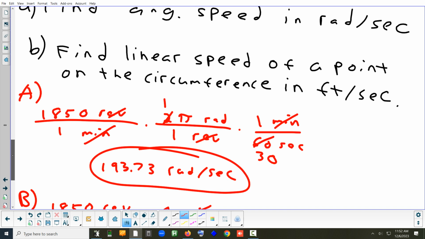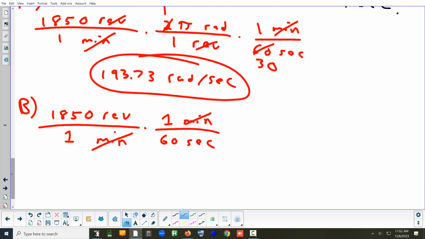But we want to get feet per second. All right, so now I want revolutions to disappear. So how am I going to make revolutions disappear? Where does it have to go? I'm thinking you need revolutions on the bottom and radians on the top.